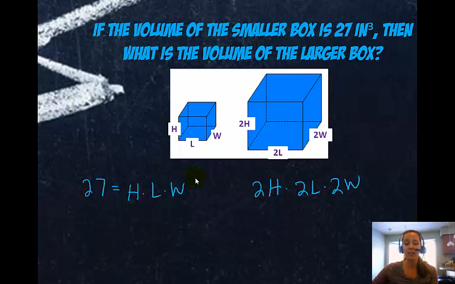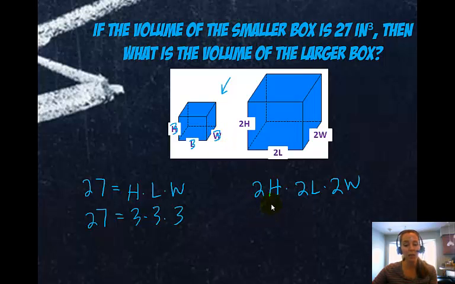Okay? Well, 27 is the result of when you multiply those 3 dimensions. And look what happens. What number times itself, because this is a cube, what number times itself is 27? Well, 3 times 3 times 3. There is your 27. So we know that these are all 3.